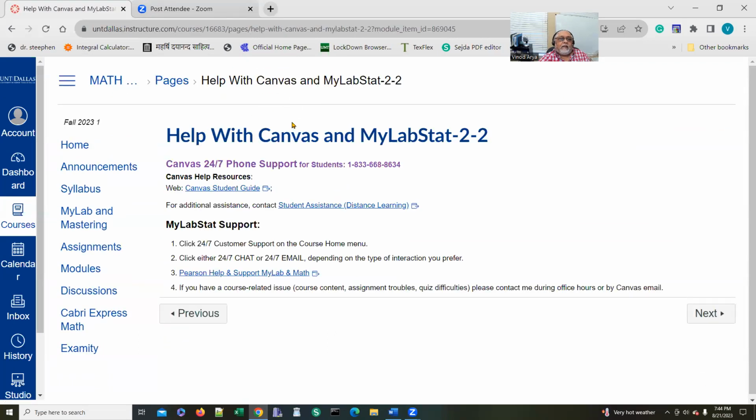Okay, these are the help with Canvas and MyLab Stat. This number you have seen here. We saw this Canvas student guide, and then we have distance learning at the university, which helps the student. So if you have some issues with Canvas, you can certainly get in touch with them.